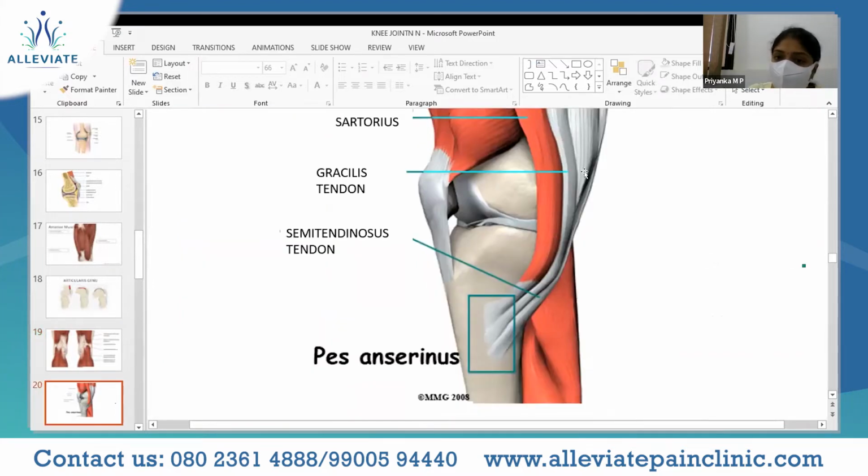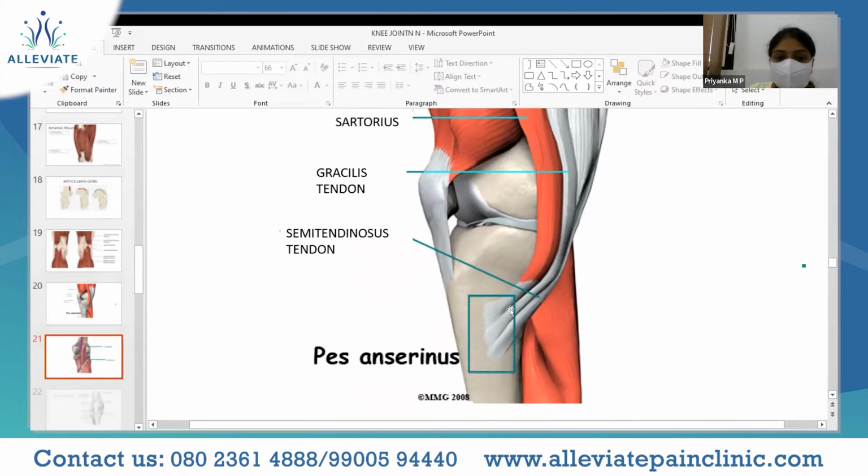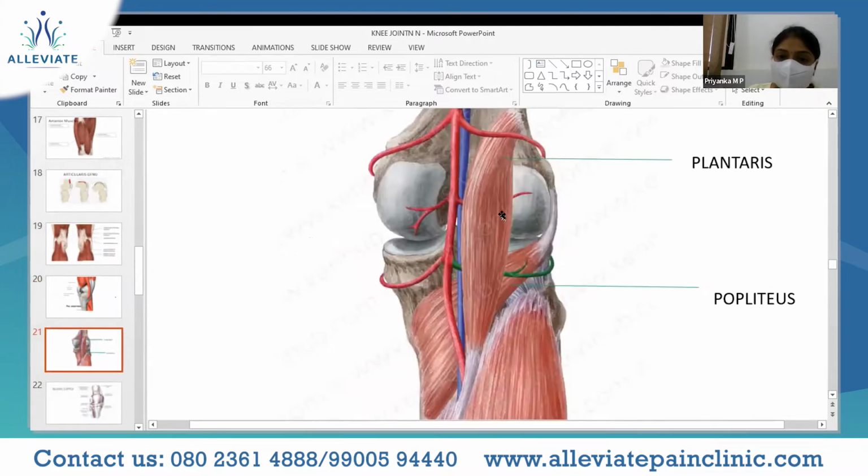The tendinous attachments of sartorius, gracilis, and semitendinosus together on the tibia are called the pes anserinus. Below this attachment is the pes anserine bursa, one of the causes of medial knee pain. And posteriorly, there is the popliteus muscle, which is a key unlocking muscle, and this is the plantaris muscle.